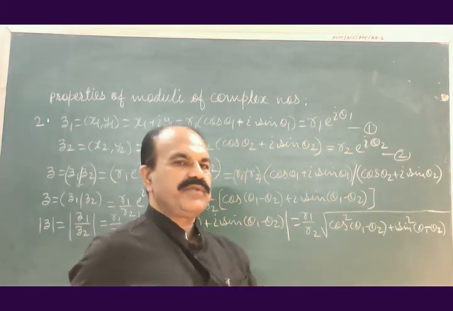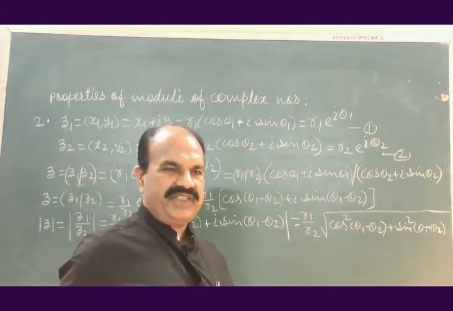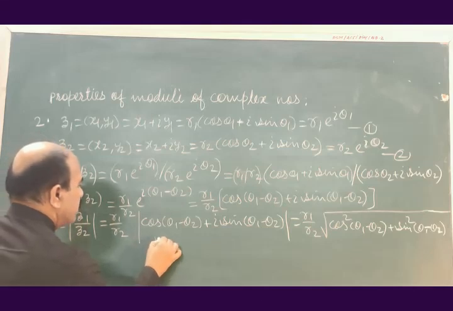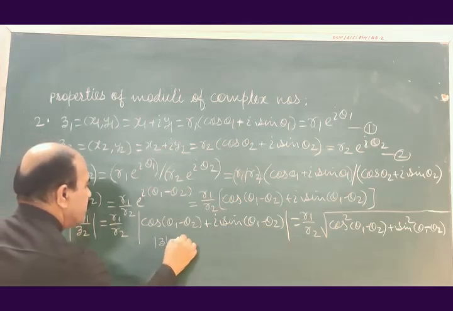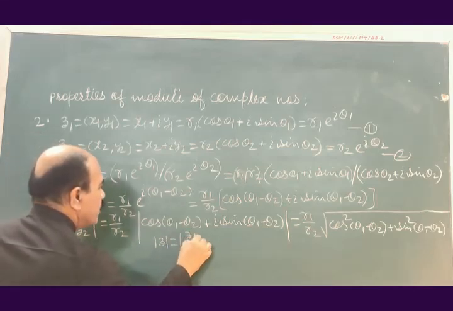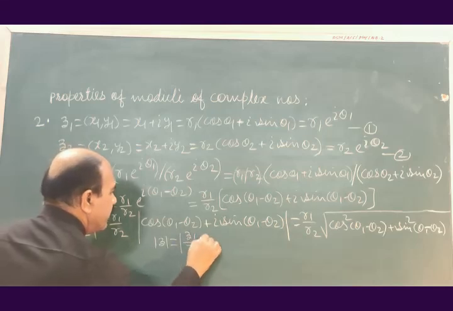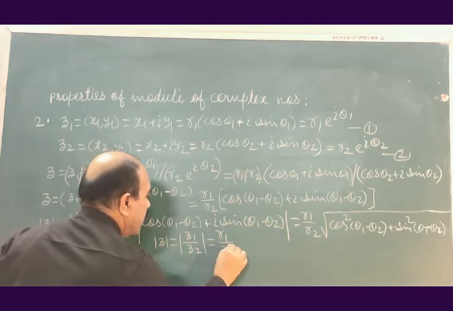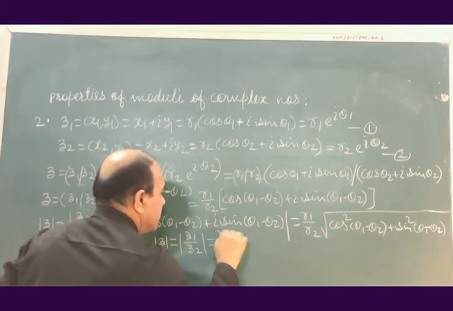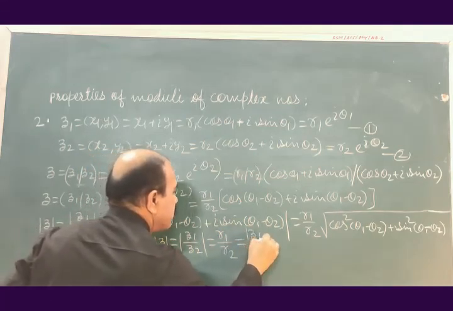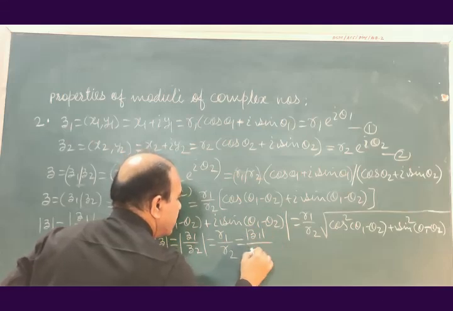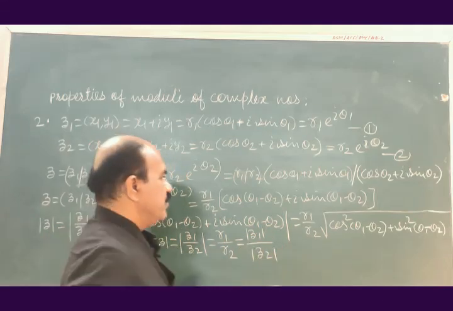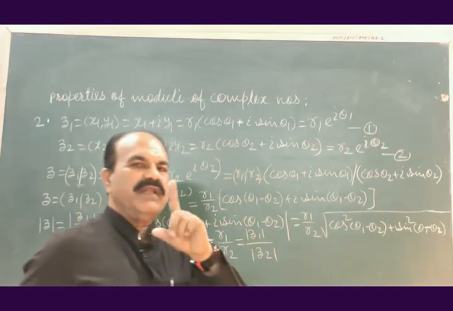And what is this square root? Cos square theta plus sin square theta, that is 1. So finally, modulus of z is equal to modulus of z1 divided by z2 is equal to simply r1 by r2. This r1 is nothing but modulus of z1, this r2 is nothing but modulus of z2. This square root is simply 1.